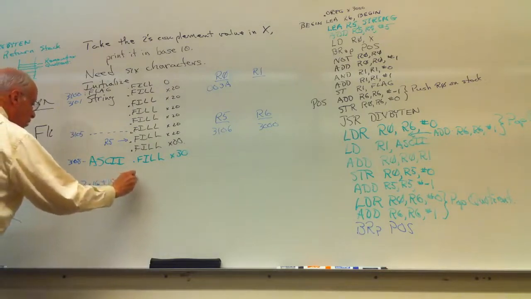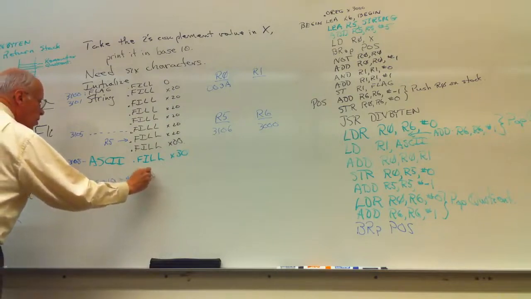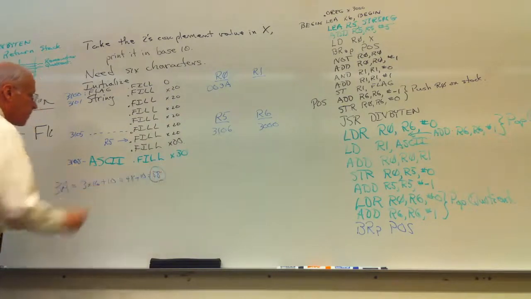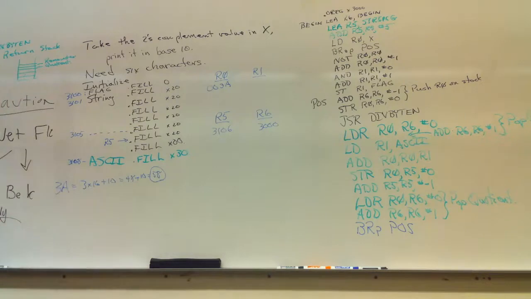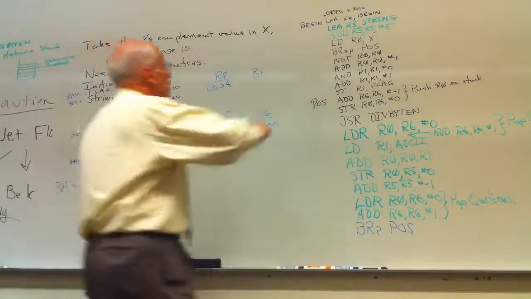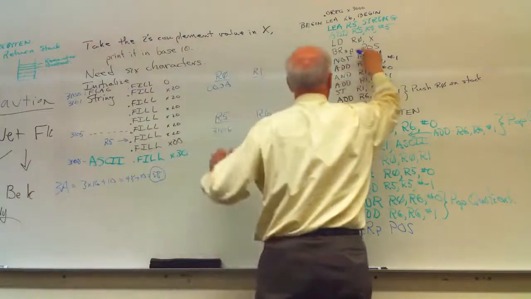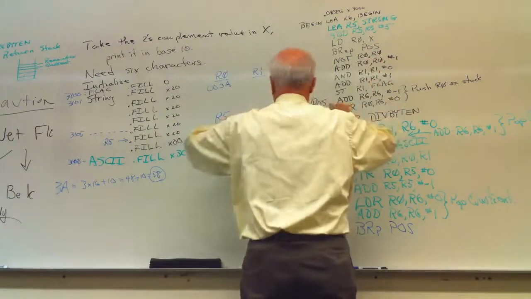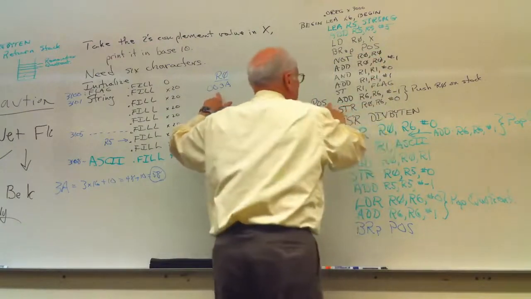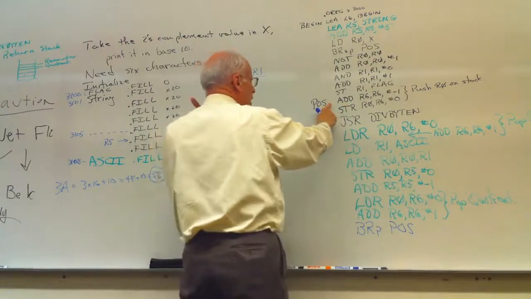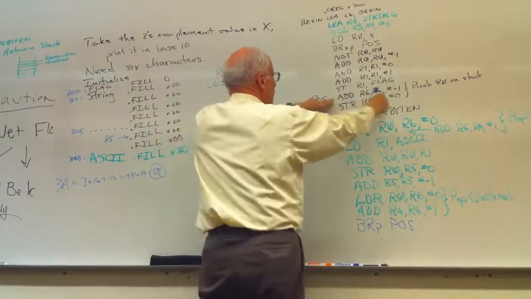That's 48 plus 10, or 58. That's the number that I'm actually working with in decimal. Okay, well it is plus, so I skip all of this stuff. If we have time, we'll look at what happens with a negative number.